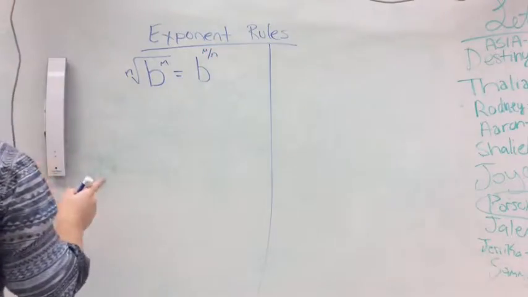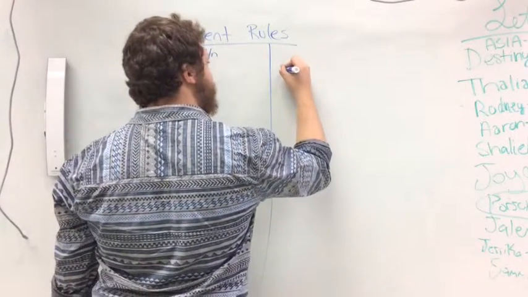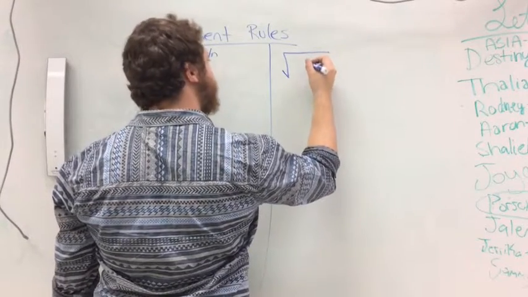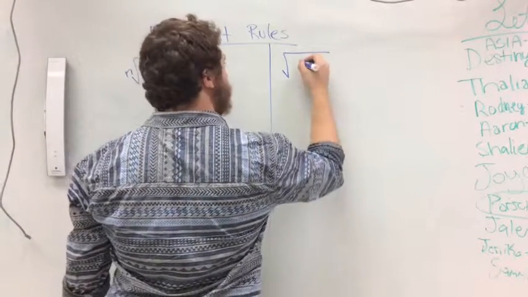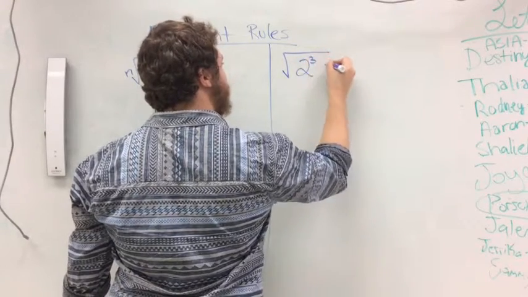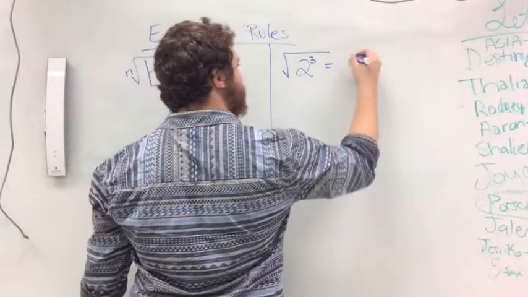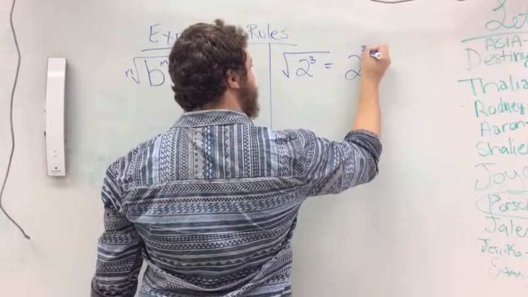So if you've got the square root of 2 to the third power, this is really 2 to the 3 over what?